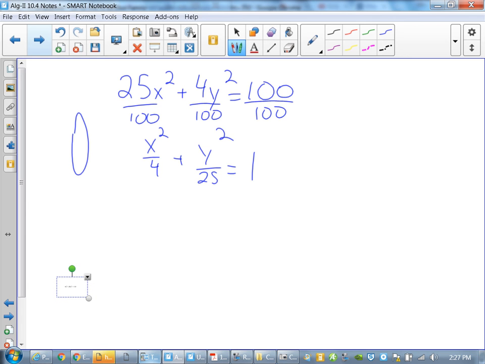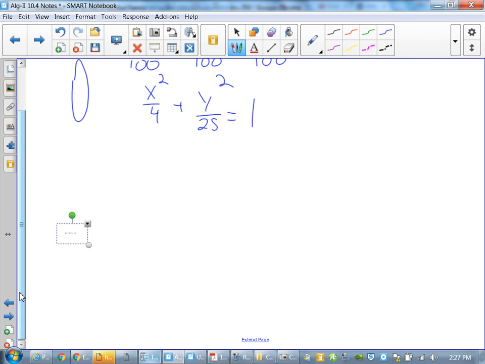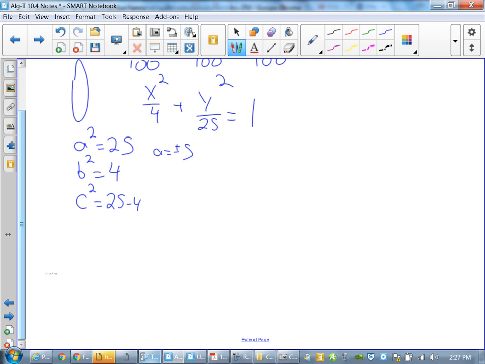Okay? So go through the process again. A squared is 25. B squared is 4. C squared would be 25 minus 4. And you get all of that.